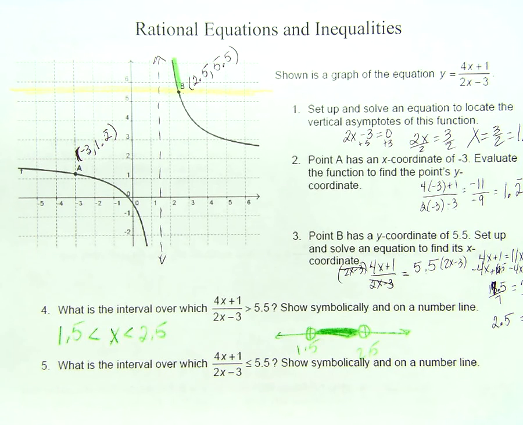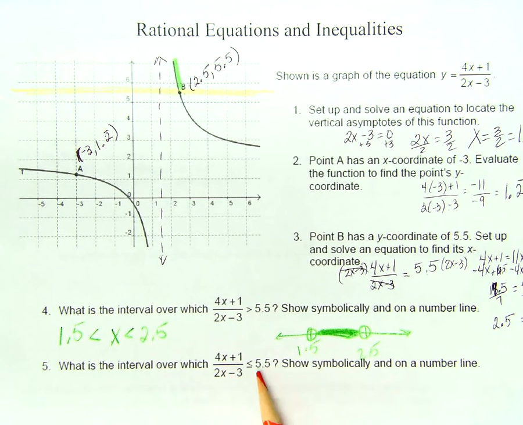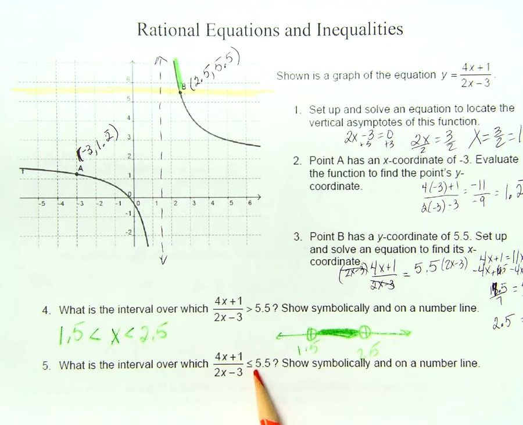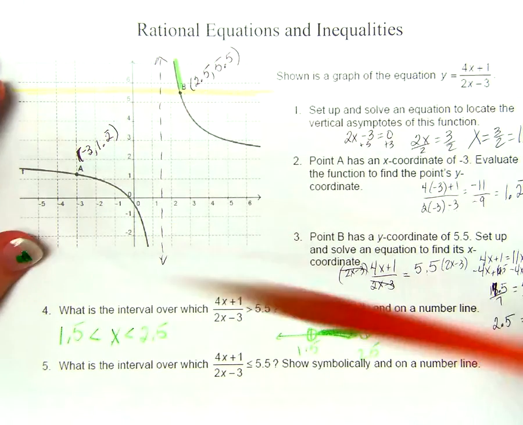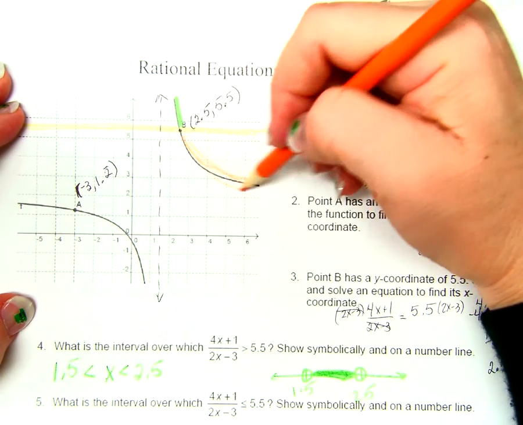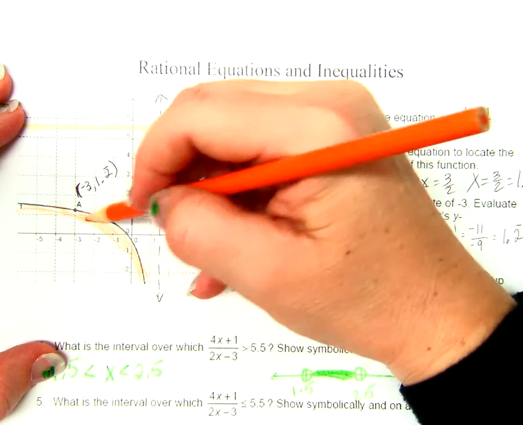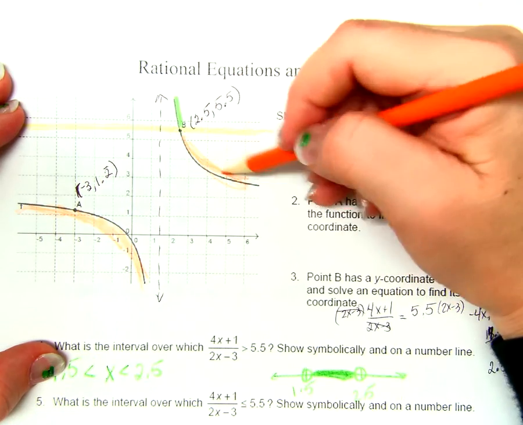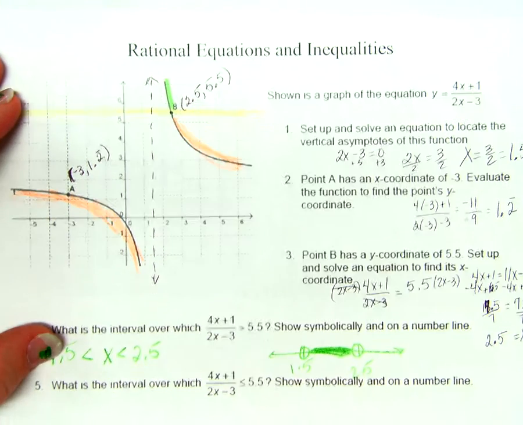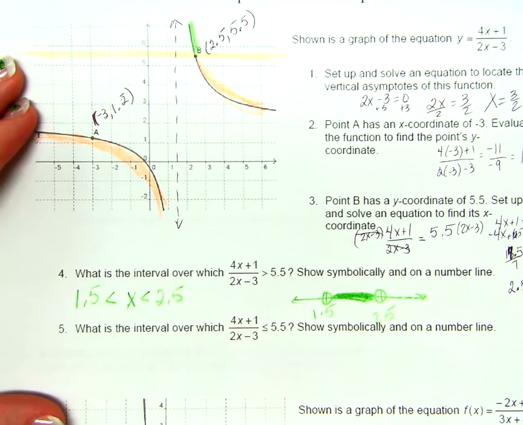So over which interval is the value of this function, the y value, less than or equal to 5.5? Well, I've got my yellow line up there to tell me where 5.5 is, right? So everything below that line, all this orange stuff, is where it's less than or equal to 5.5. So what intervals are those?